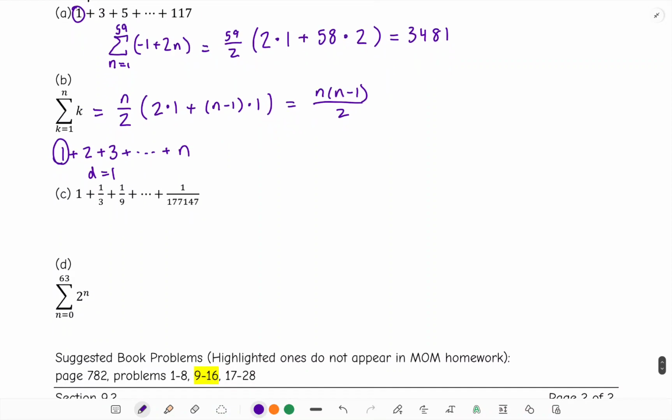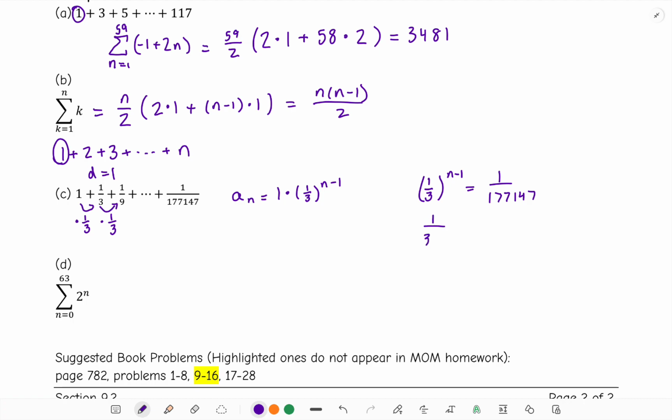Now for C, I'm hoping you notice that it's geometric because you multiply by 1/3 at each step. So then our sequence is 1 times 1/3 to the n minus 1. Now I'm curious for when 1/3 to the n minus 1 is equal to 1 over 177,147.